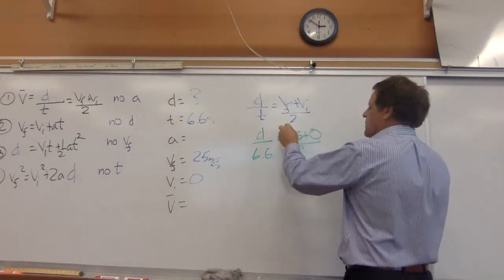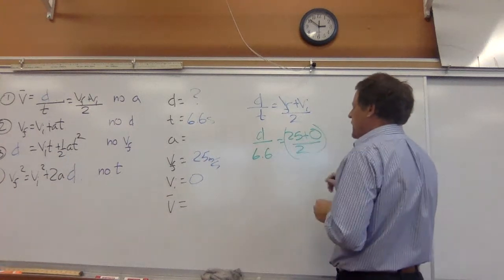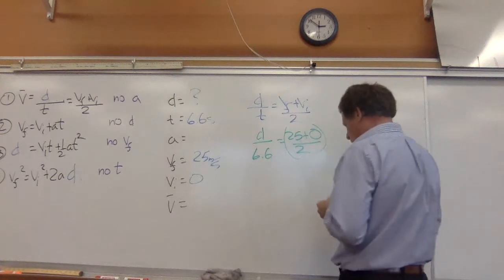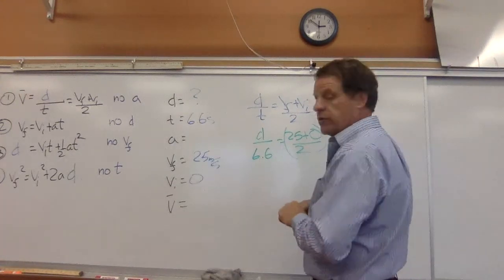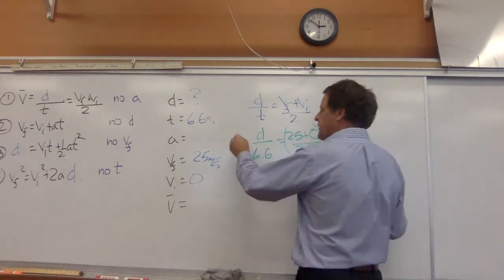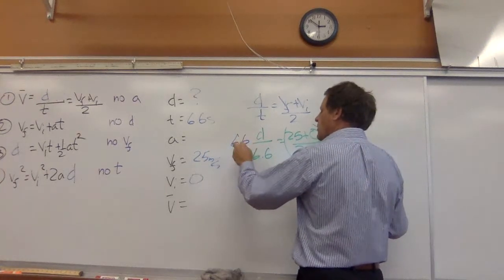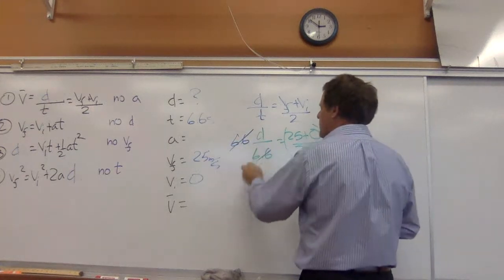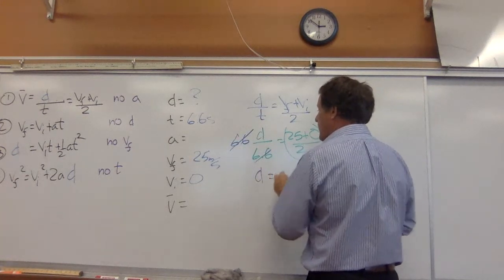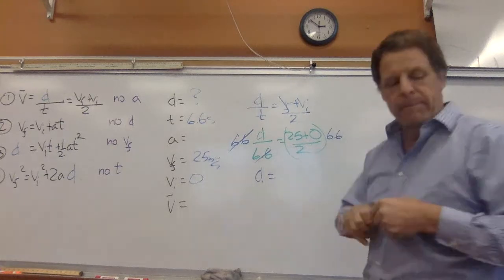Now, in order to get rid of this 6.6 on the bottom being divided, we're going to multiply both sides by 6.6. This side's going to cancel out.